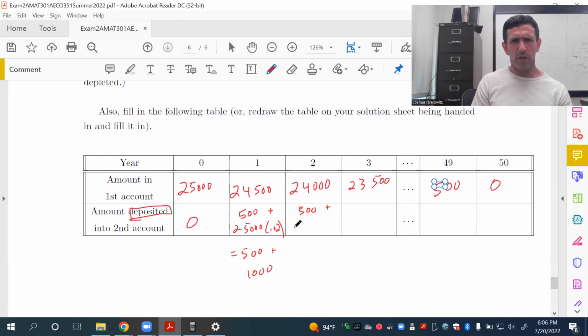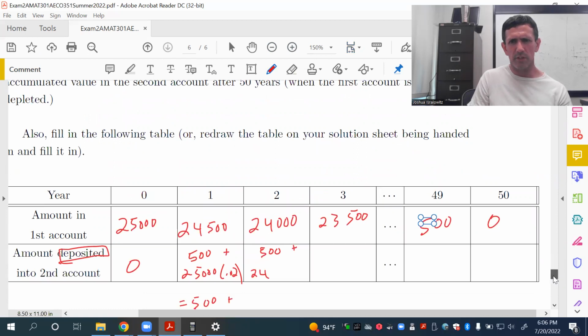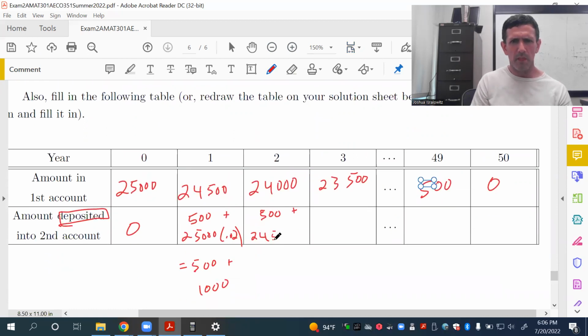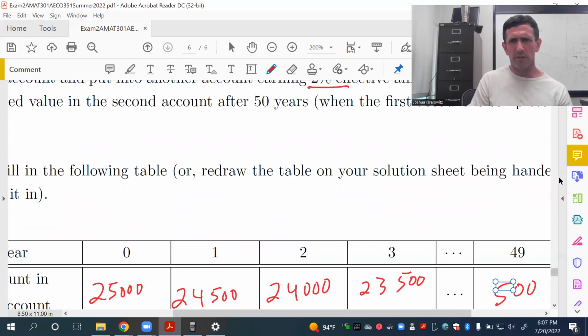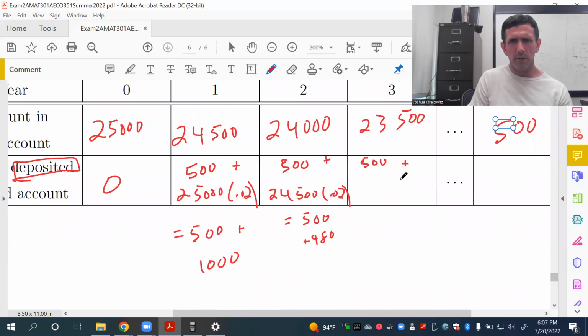Same thing, 24,500 times 0.02. So it's 500 plus 980. This is going to be 960. 500 plus 24,000 times 0.02.